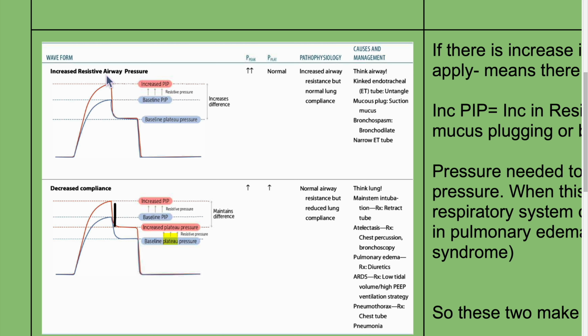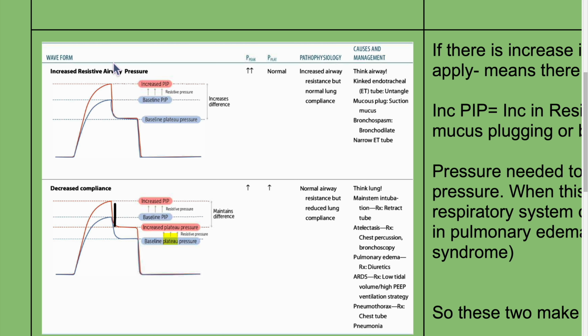If there is an increase in peak, but the plateau pressure is the same as before you applied the intubation and checked it, then what's actually happening is an increase in airway resistance. The way I remember is I just remember this chart.